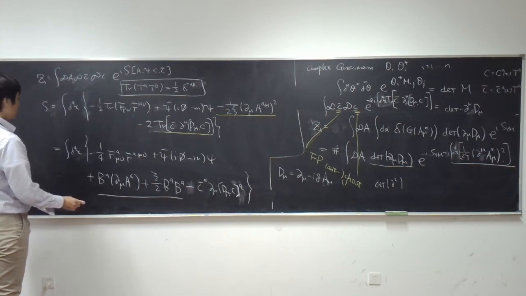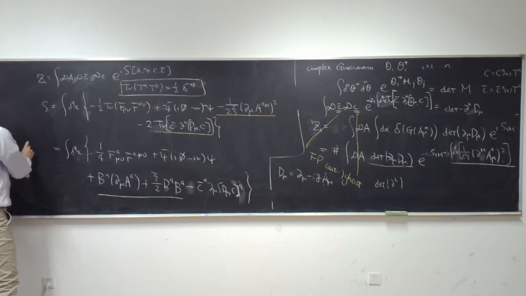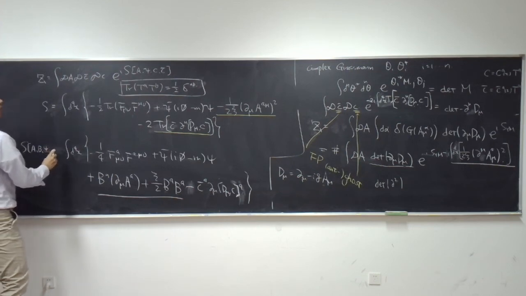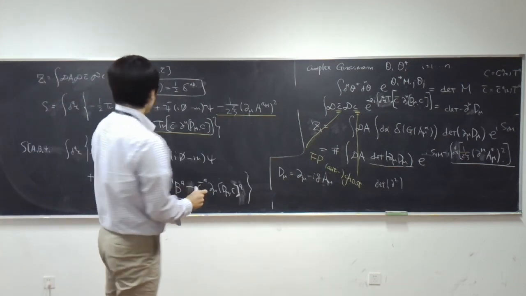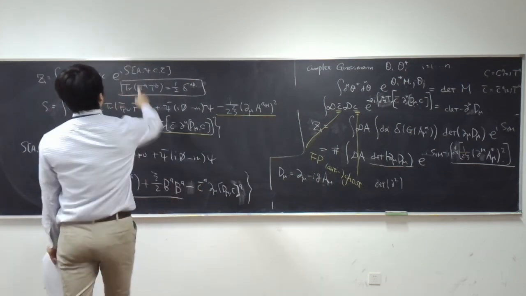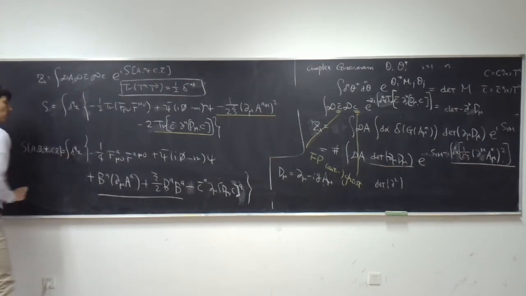okay. So here now I assume S of A, B, C, and C bar and psi. I did write A, psi, C and C bar. And C and C bar is this one.